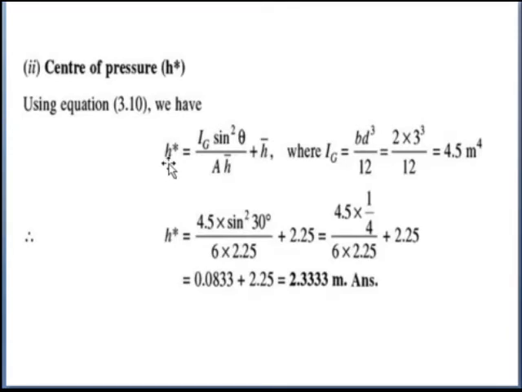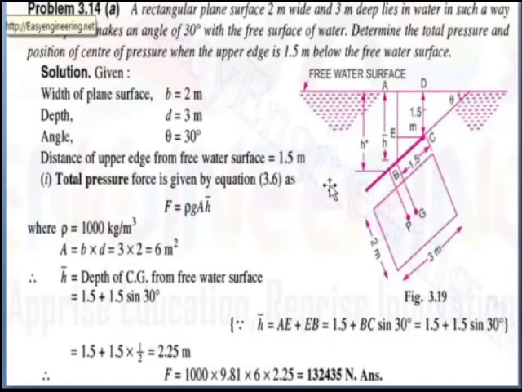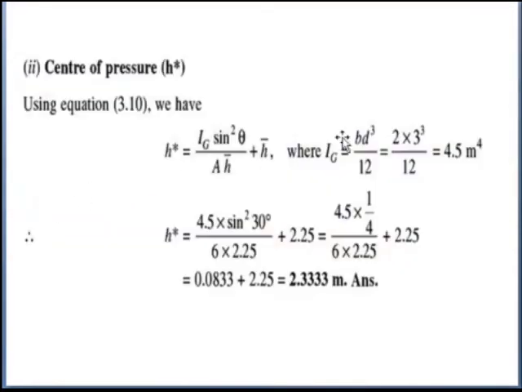The formula for the center of pressure is H star is equal to Ig sin square theta upon A h bar plus h bar. Here the plate is rectangular, so Ig for the rectangular is BD cube upon 12. Putting the value of BD cube, we get the value of Ig as 4.5 meter raised to 4.